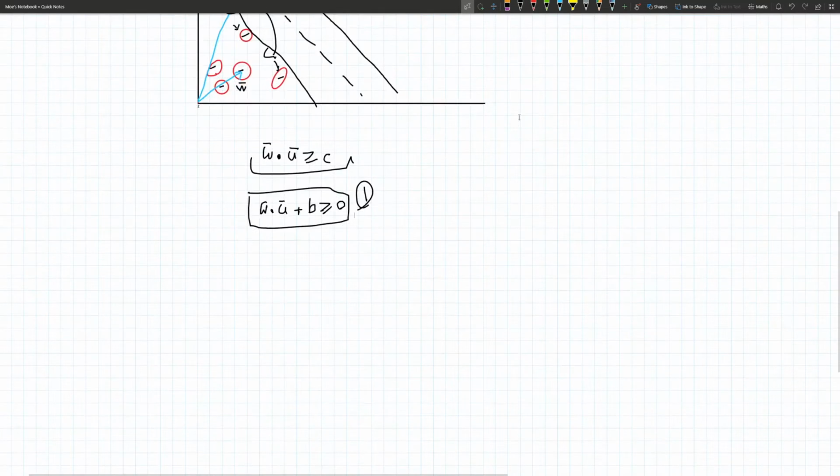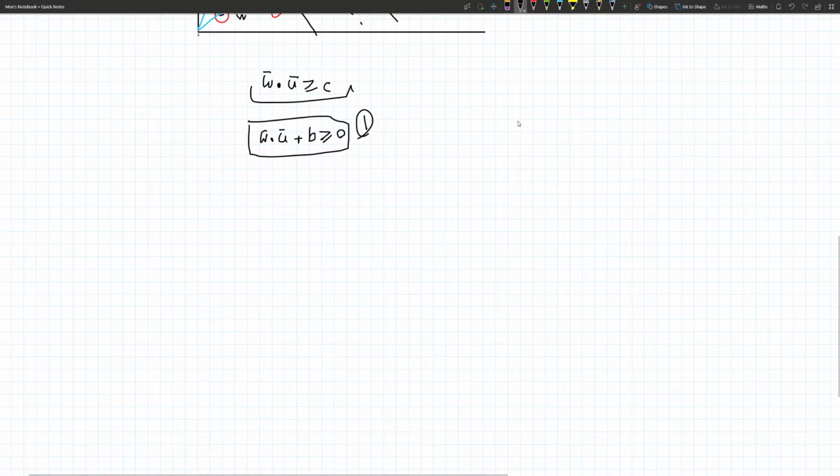But here we have a problem, because we don't have W and we don't have B. So how can we use that? Because we don't know either W or B, we need some constraint that will tell us what W and B are, which is the same concept as linear programming.